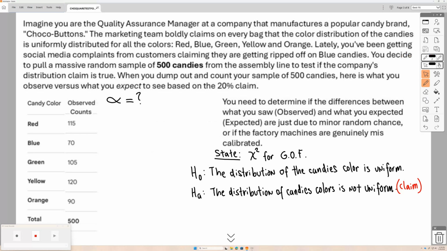Since the significant level is not stated in the problem, we are assuming that the significant level that we are going to use is 0.05 or 5%.